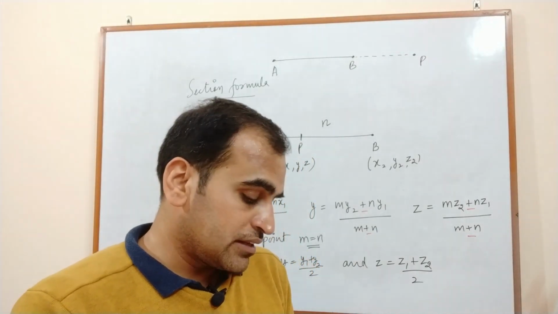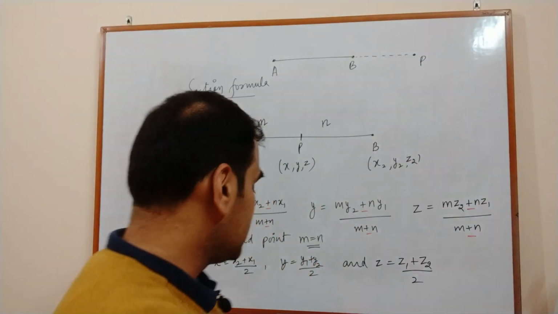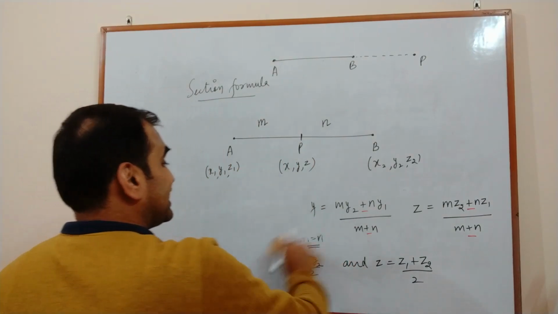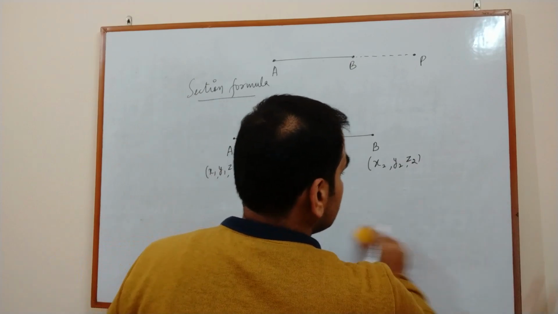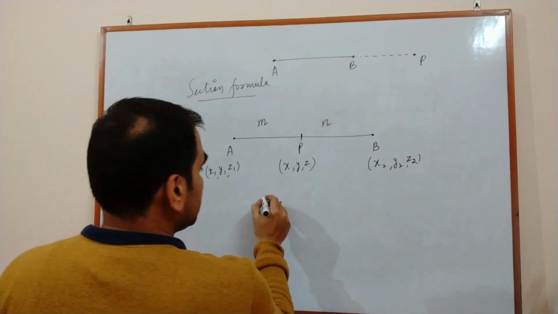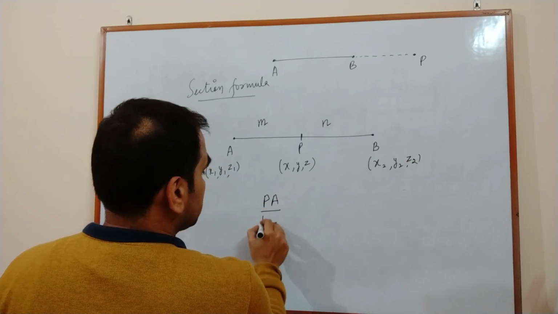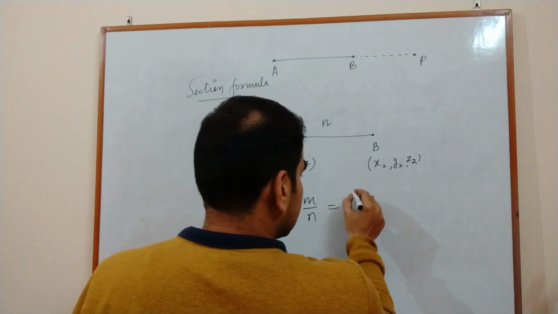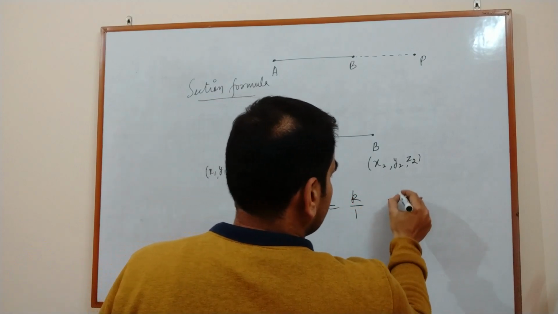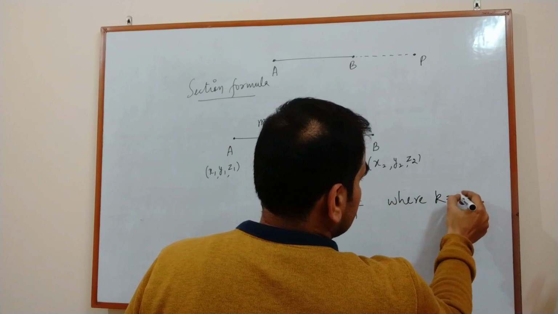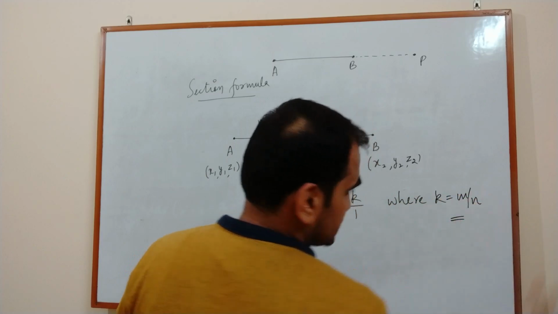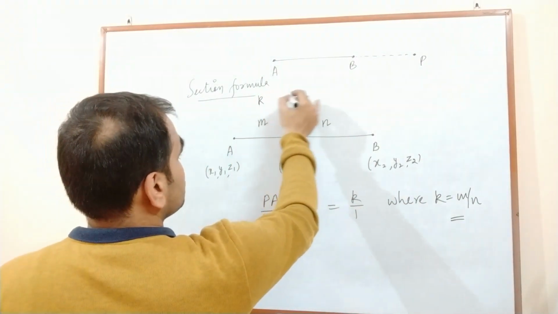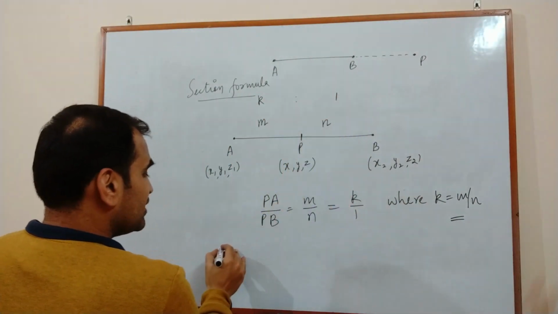Yes, there is one more thing. In some of the books you can find this ratio as k ratio 1. So actually we have PA divided by PB is equal to m ratio n. This can also be written as k ratio 1, where k is nothing but m upon n. That's it. If you use k ratio 1, the formula is same.